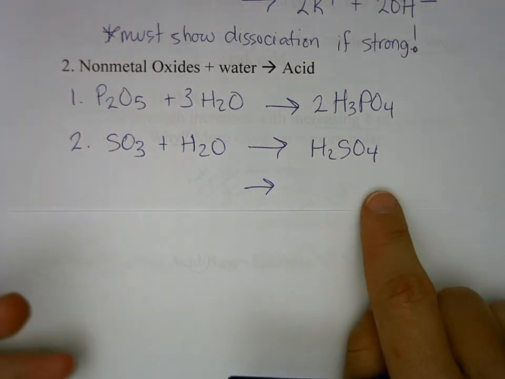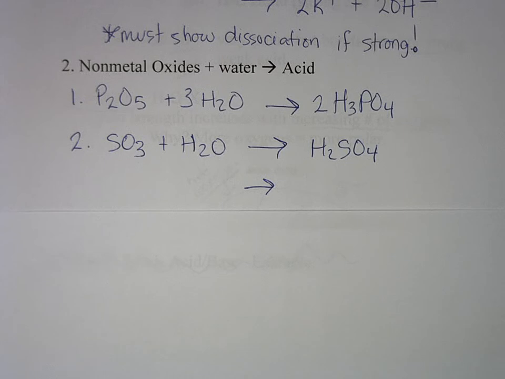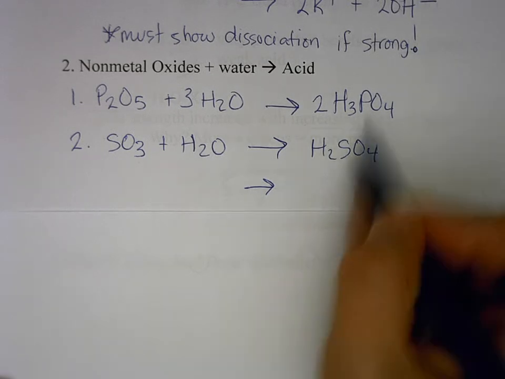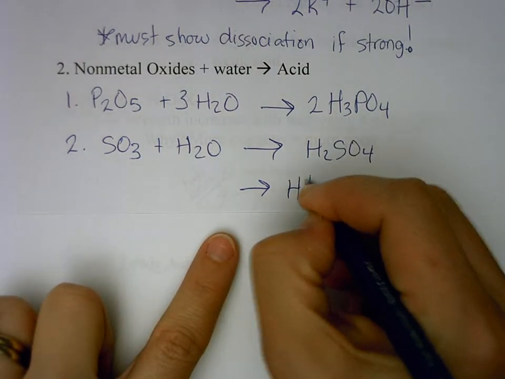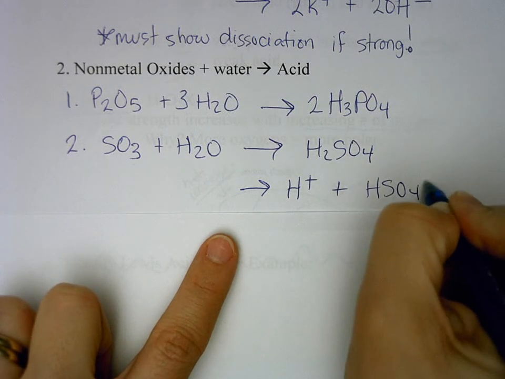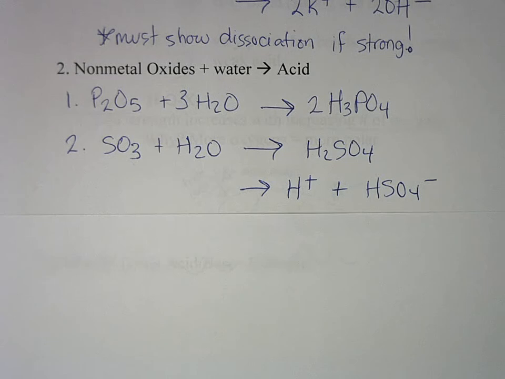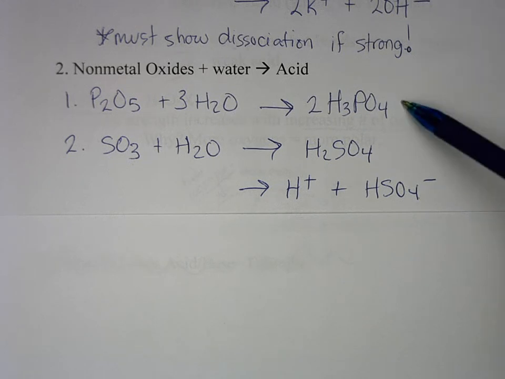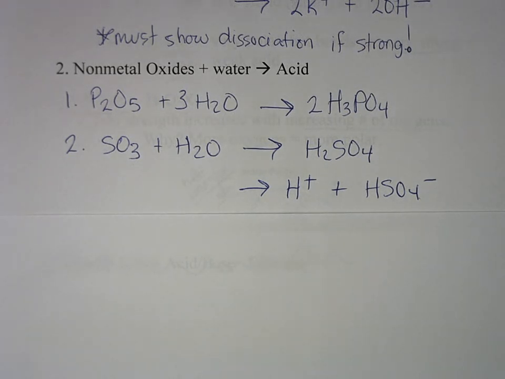Remember we talked about those, which means that it breaks apart in steps. And so you want to show the first step because that's the one that's going to happen first and also the most. And so my product here is actually going to be H plus and HSO4 minus. So you show the dissociation of that first hydrogen and then your HSO4 minus. Okay, so if it's strong, you need to show it dissociated. If it's weak, you leave it together as your product. That's it.